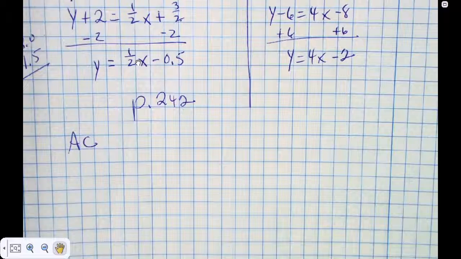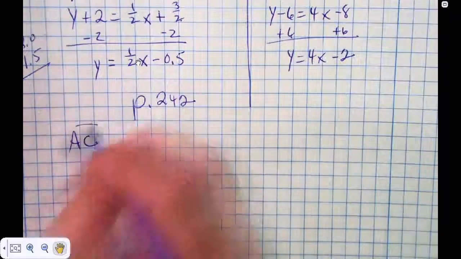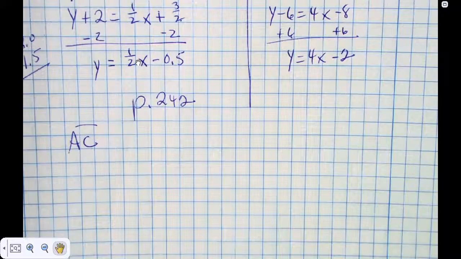No. Get the slopes of each one. If we get the slopes of each line, what do they have to be perpendicular? The opposite reciprocal. So let's start with AC, and you just write it on your board somewhere. Let's go from A to C.